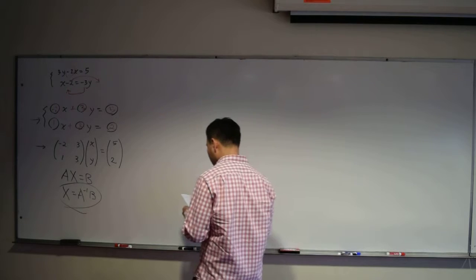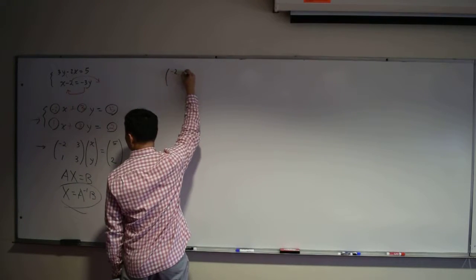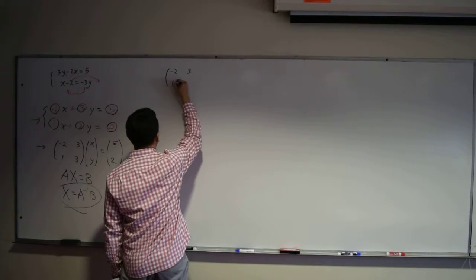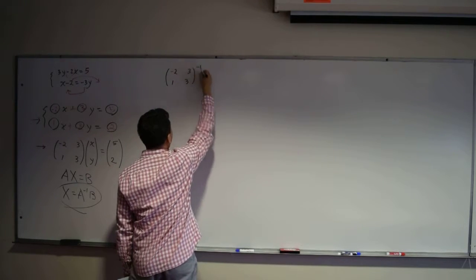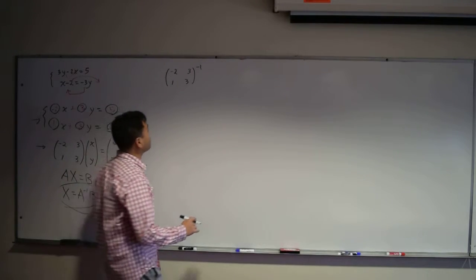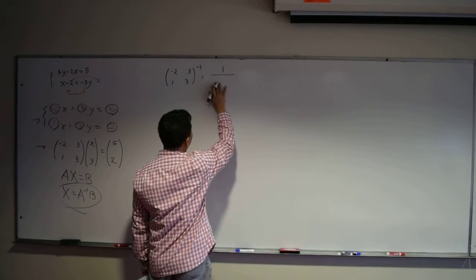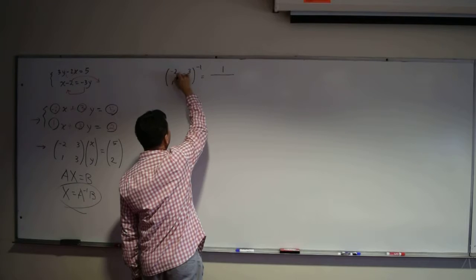Okay. So let's try that. Negative 2, 3, 1, 3, inverse. We need the inverse in order to solve it in this format, right? How do you find the inverse? What's the formula? 1 over the determinant, which is AD minus BC.